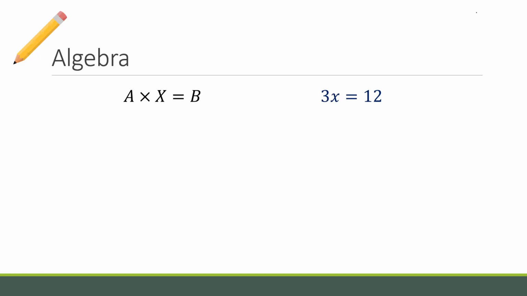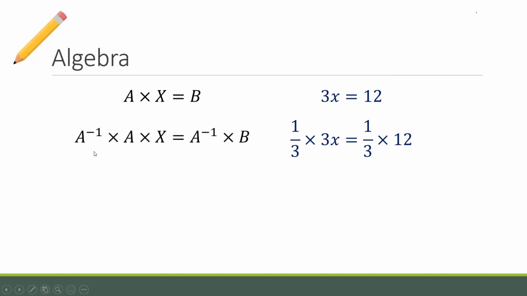We're going to take this 3 and multiply both sides by 1/3. That's the equivalent of dividing by 3, but we're multiplying by 1/3 instead. Now, what would that look like in matrix land?